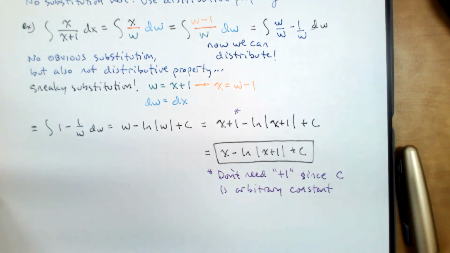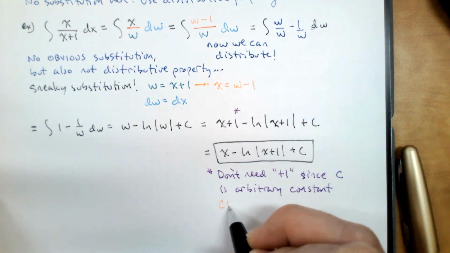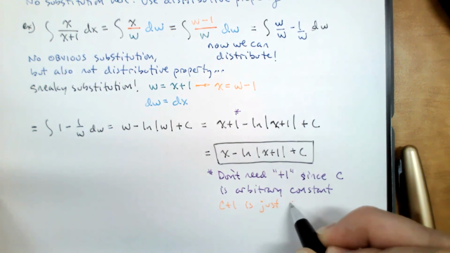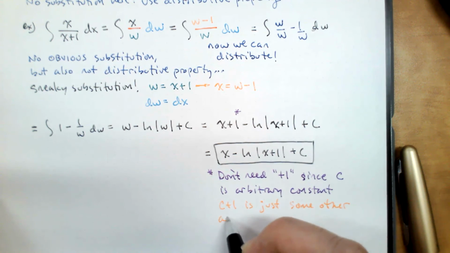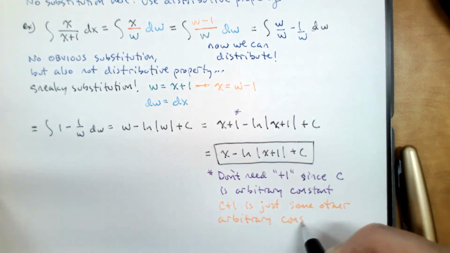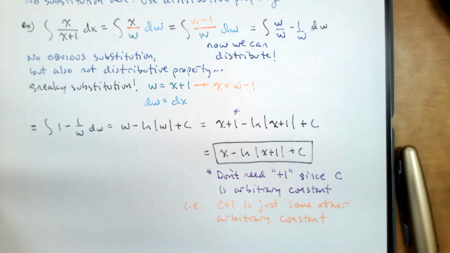Another way to think about it is that C +1 is just some other arbitrary constant. So we just write +C.